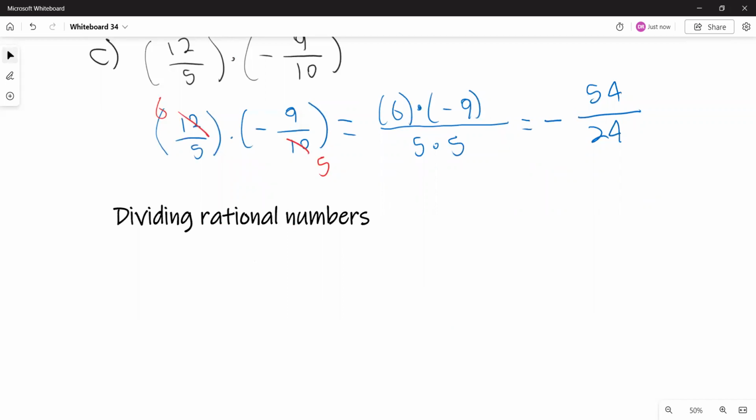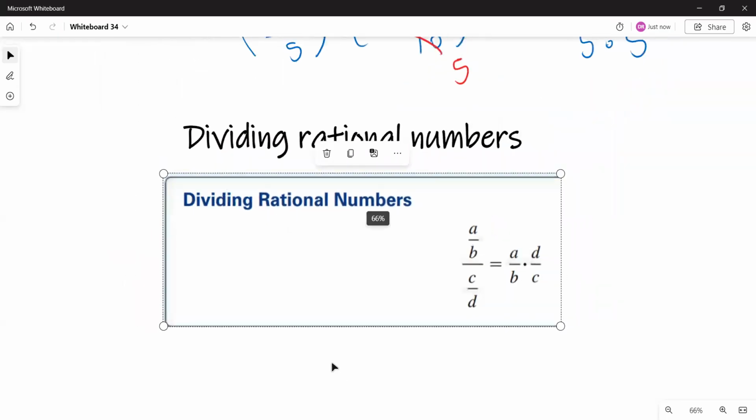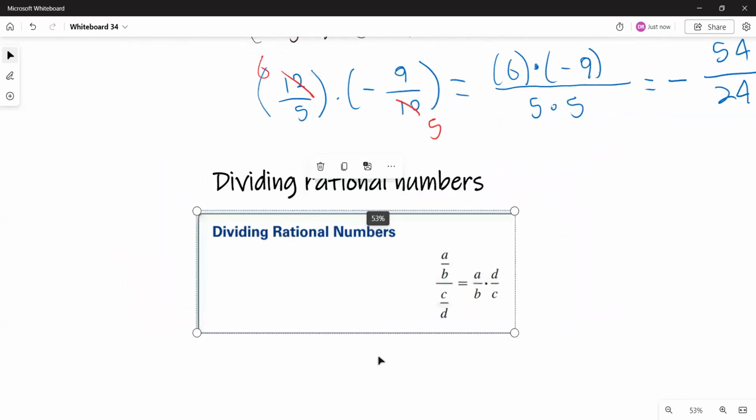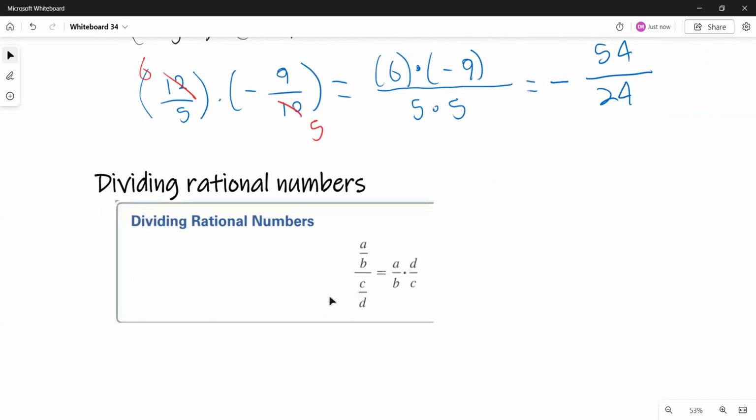So if you have a fraction over a fraction, the numerator is going to be the product of the outside numbers, and the denominator is the product of the inside numbers. That's also on page 263.